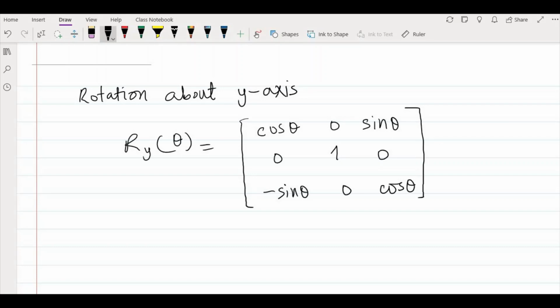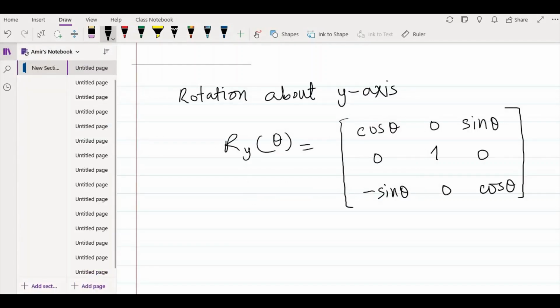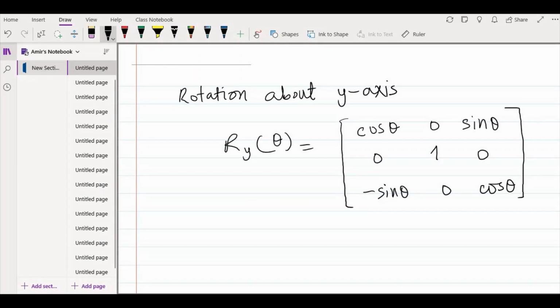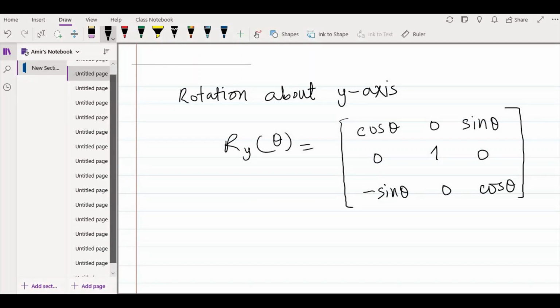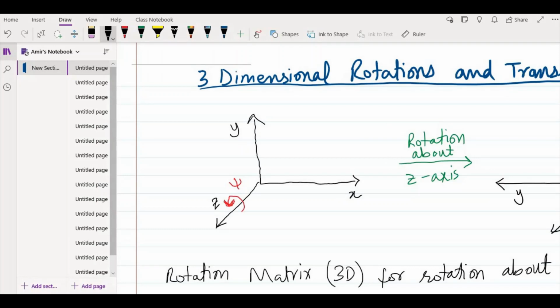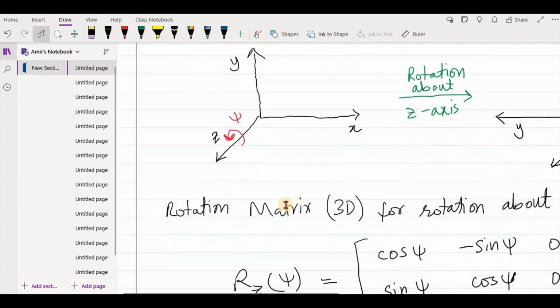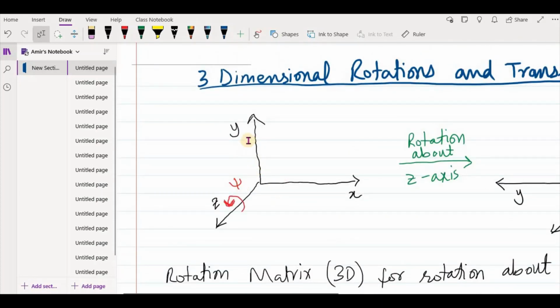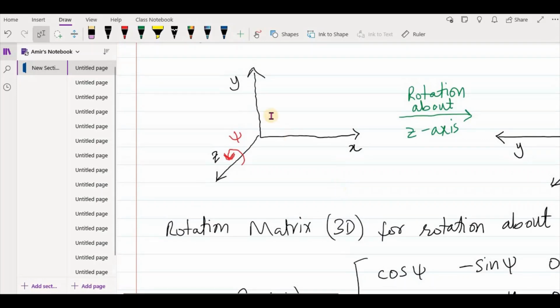Only the x and z components are changing. And how much are they changing? They are changing like we did for the z-axis here. So when you rotate about the y-axis with angle theta, then your y-axis will not change, only the x and z components will rotate.